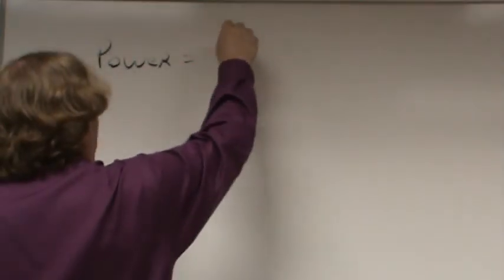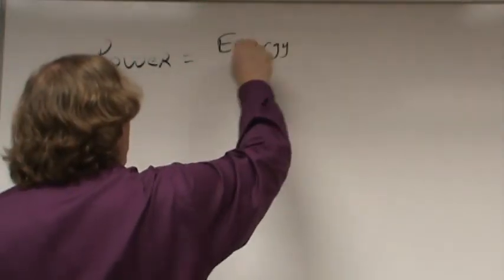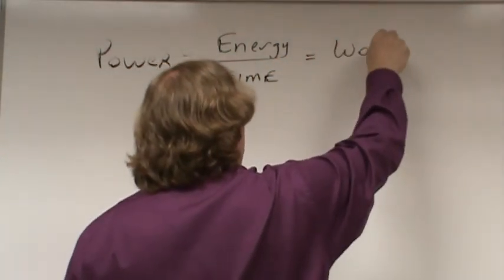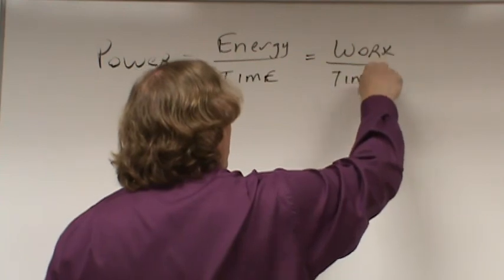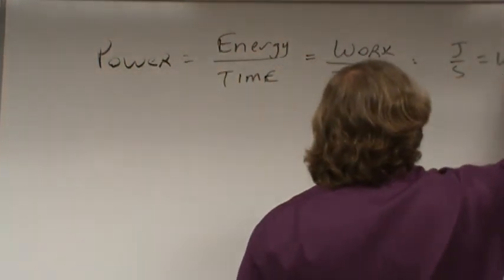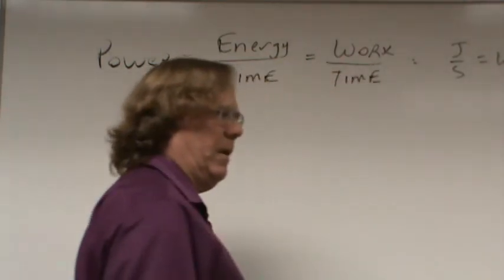I just want to remind you, power is energy per unit time, energy over time, and it's also work over time. And I want to remind you the units are joules per second, but we call those watts. Okay?